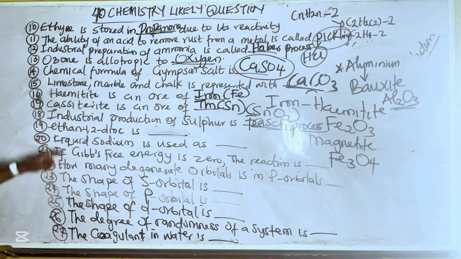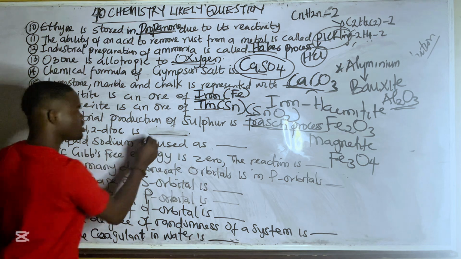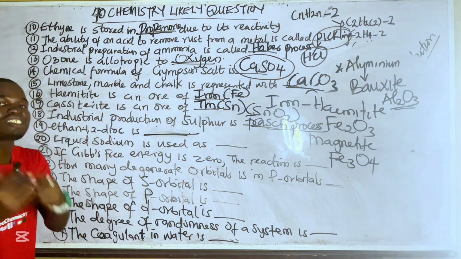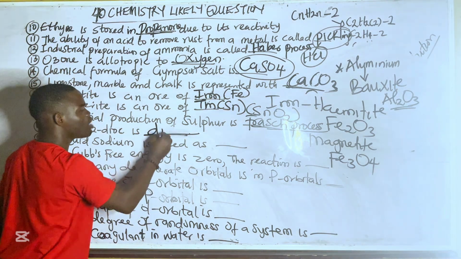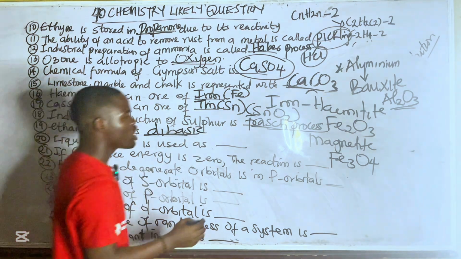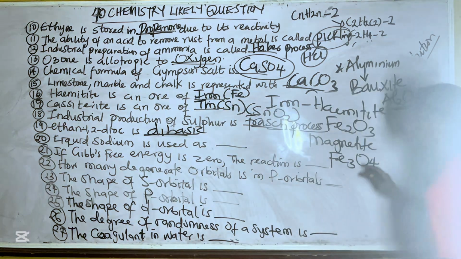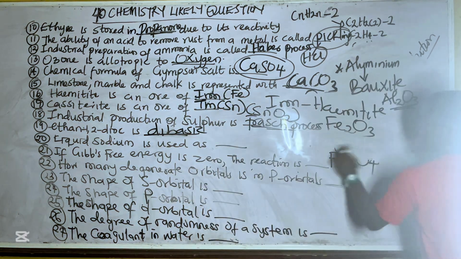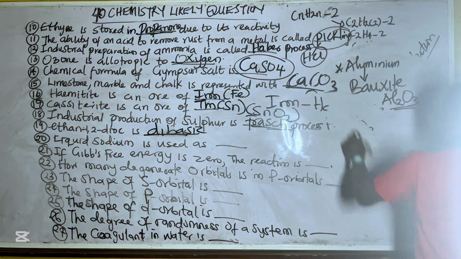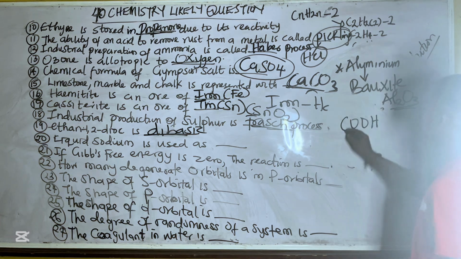Okay. Ethane-1,2-dioic acid is dash. What they are asking about is basicity. Please note, it is dibasic. What do I mean by dibasic? Look at it, this is the formula of ethane-1,2-dioic acid, with COOH at both ends.